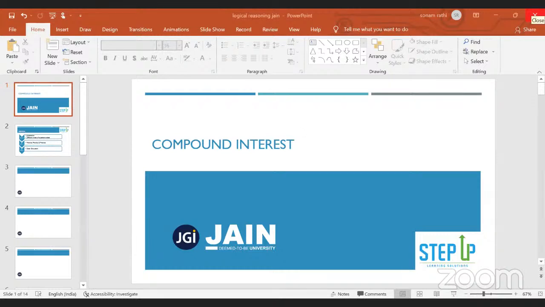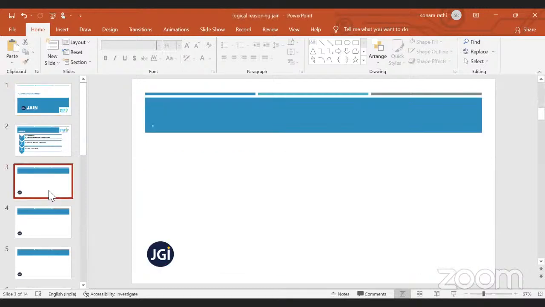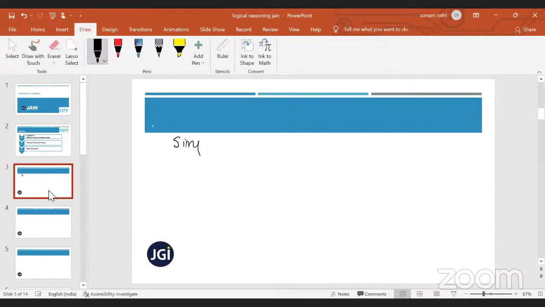Do all of you know, yesterday we learned simple interest, right? And the formula for simple interest, anyone tell me what is the formula?